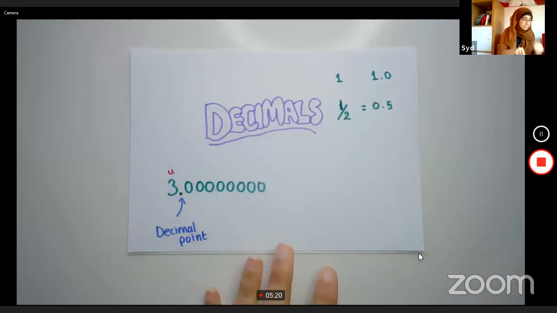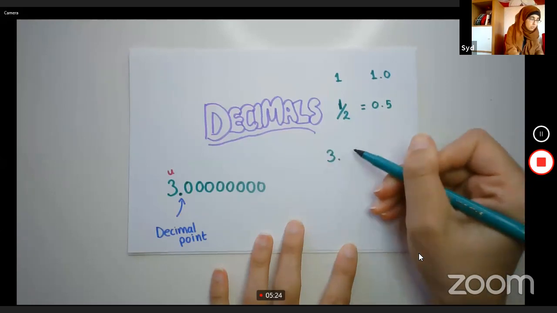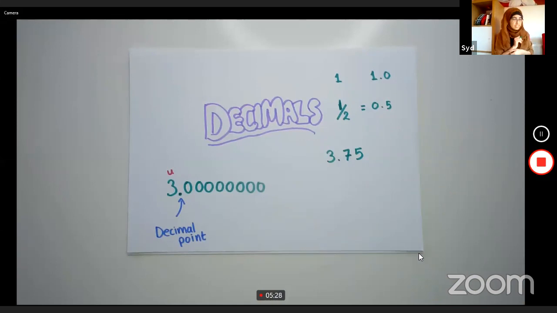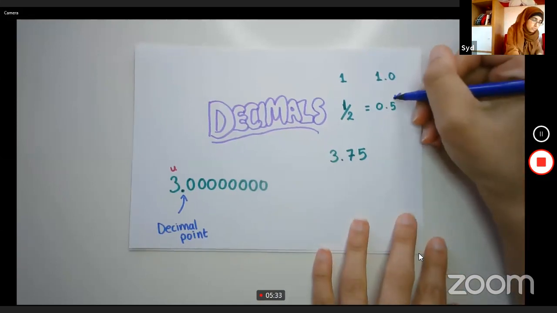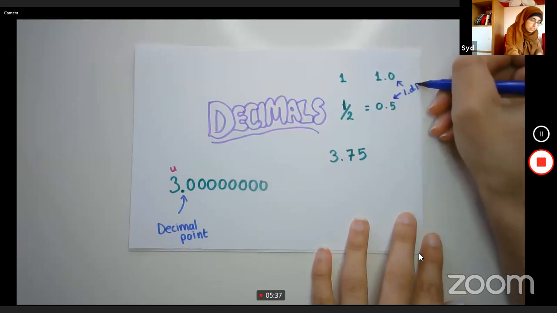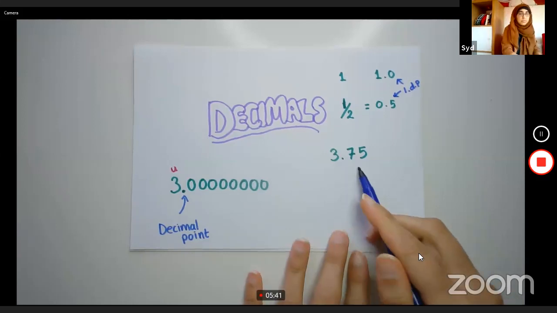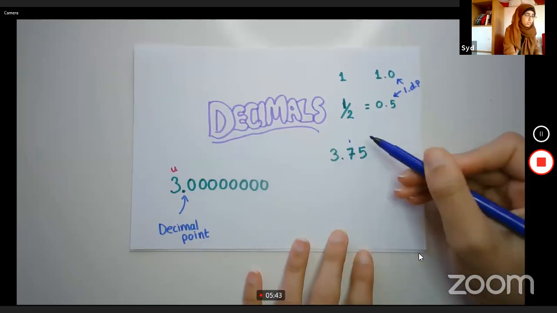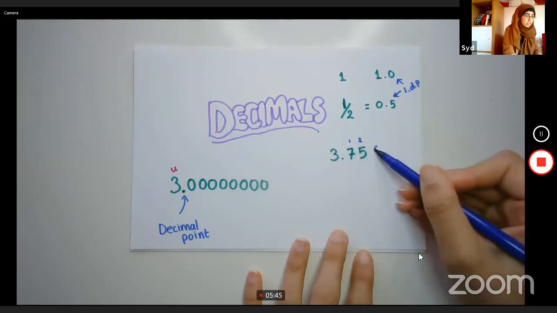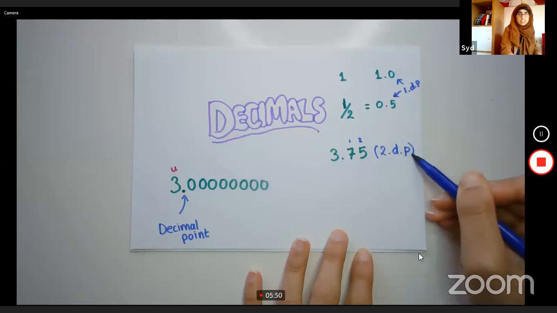So let's have a look at some of these decimal points now. This number, 3.75. How many decimal places do we have? By the way, guys, 1 DP means 1 decimal place. How many decimal places do we have here? We've got 1, we've got 2. So this is 2 decimal places.